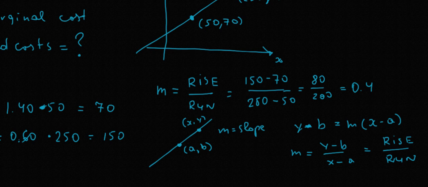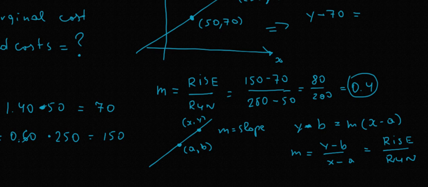Okay, so what we're going to do is use the first point, 50, 70, and the fact that the value of the slope is 0.4, to write down the equation of this line. Y minus 70 equals, actually I should have been using C instead of y, but not a big deal if we use a different letter.